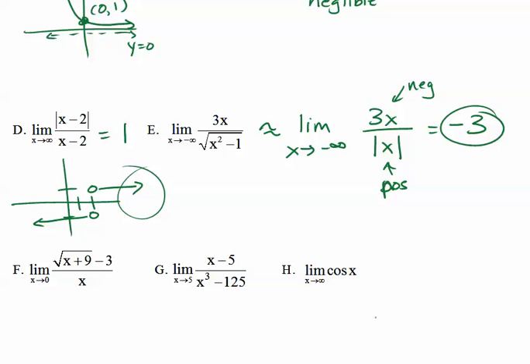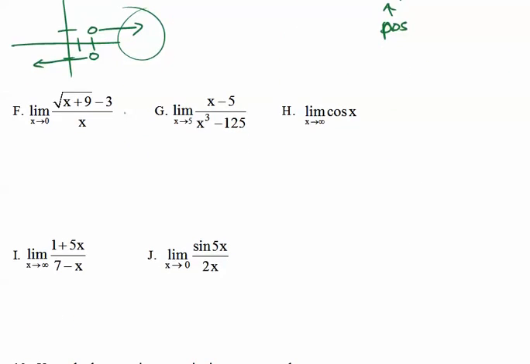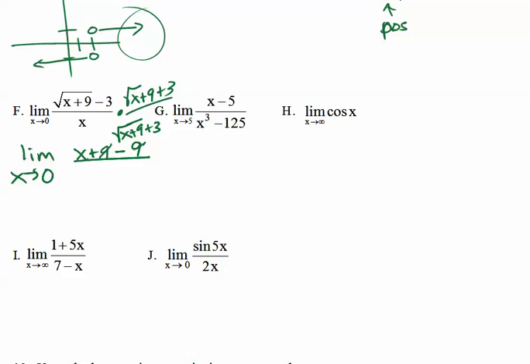And in f, if we do direct substitution, we would get 0/0. So our trick was to rationalize by the conjugate, top and bottom. These problems are always written so that something will cancel. So we'll have x plus 9 minus 9 in the numerator.